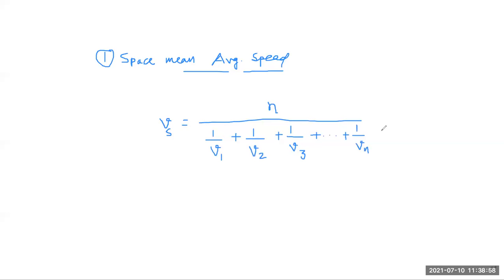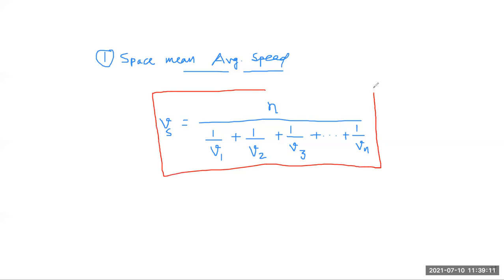So if you see this formula, it is the harmonic mean of different spot speeds.